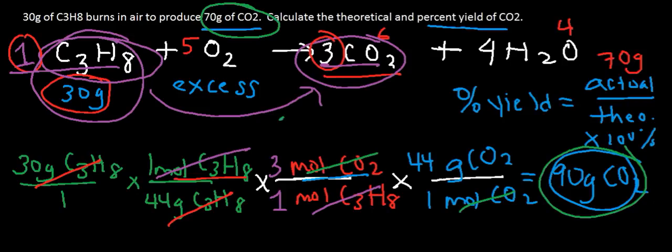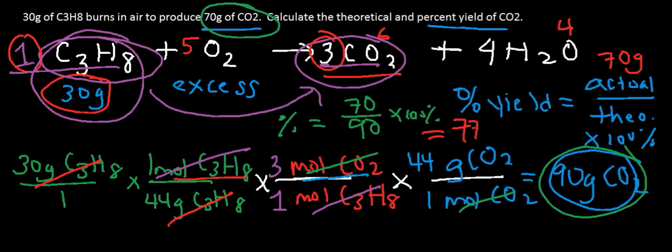So the percent yield is going to be 70 divided by 90, always the smaller number divided by the larger number, times 100%. And that is going to equal 77.7% or 77.8%. So that's the percent yield of this reaction. That's how you find it. So that's it. That's all I got for you today.